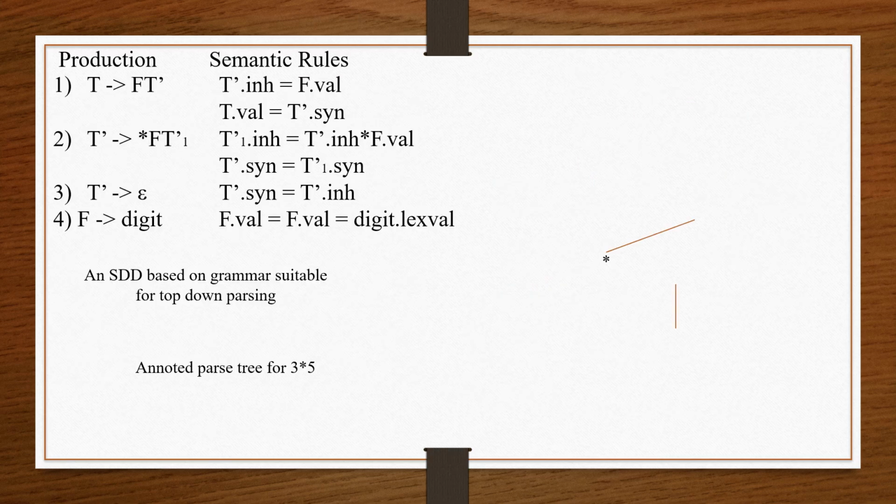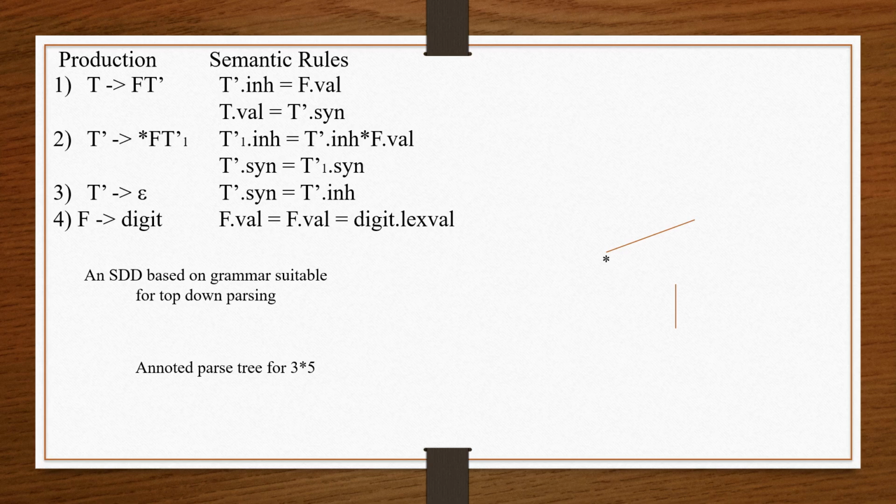Now let us consider this particular grammar. So this is a syntax directed definition based on grammar suitable for top-down parsing. But before that, let me explain what this grammar is. Look at the input. So what is the input here? 3 into 5.